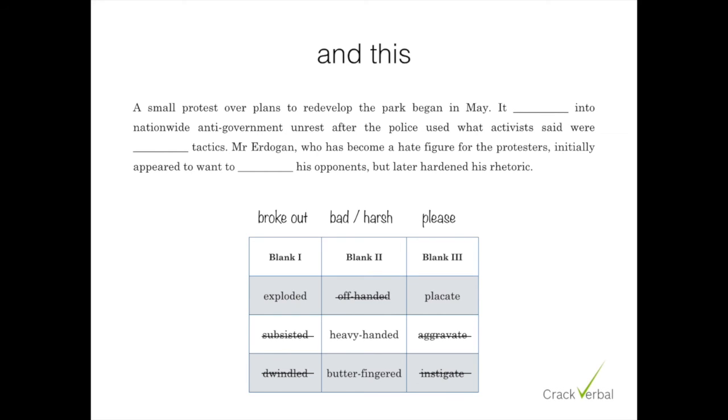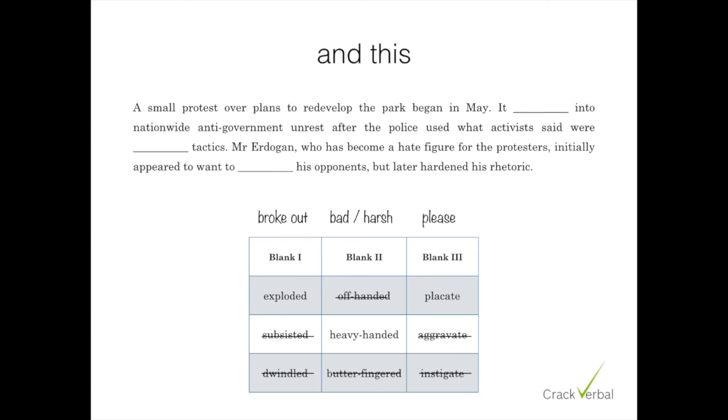The word butterfinger means careless or awkward. When someone is unable to do something precisely, when someone is very jittery, he's butterfingered. Butterfinger does not bring this context of cruelty or harshness. I'm going to get rid of that as well. Heavy-handed means unnecessarily cruel, unnecessarily harsh, and it fits the context perfectly.